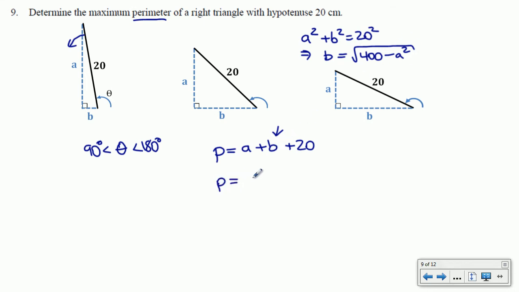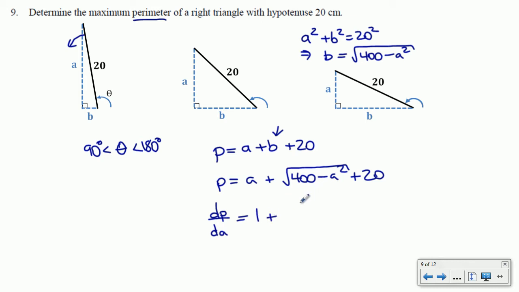So let's do that. P equals a plus the square root of 400 minus a squared, plus 20. Now we can take the derivative with respect to the only variable on the right side, a. The derivative of a with respect to a is 1.